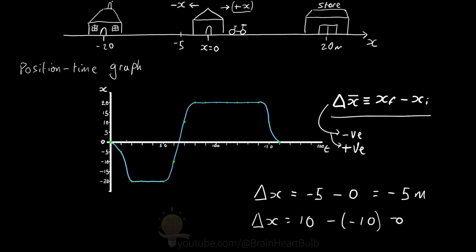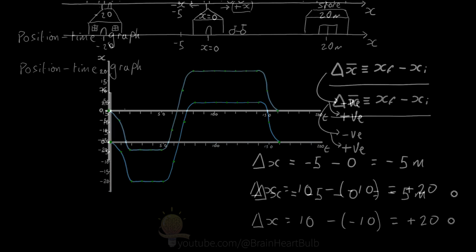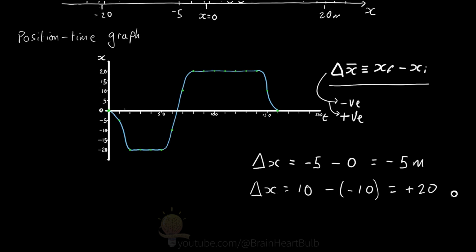So our displacement is +20. Now you can see here that when we have a positive displacement, our gradient is positive. And when it's negative, the gradient is negative. But the gradient, which we'll talk about in a minute, also gives us our speed and velocity.